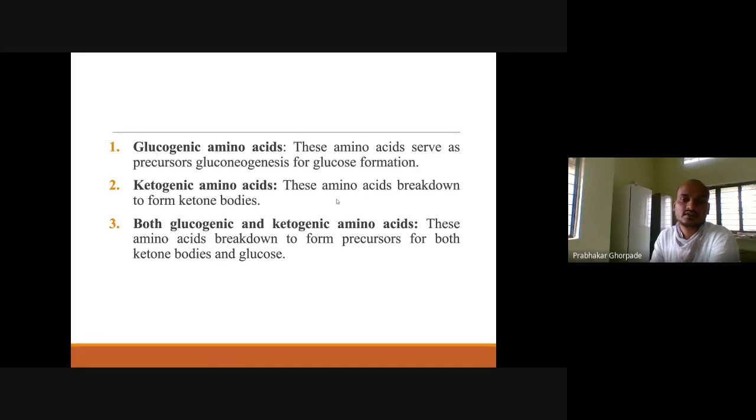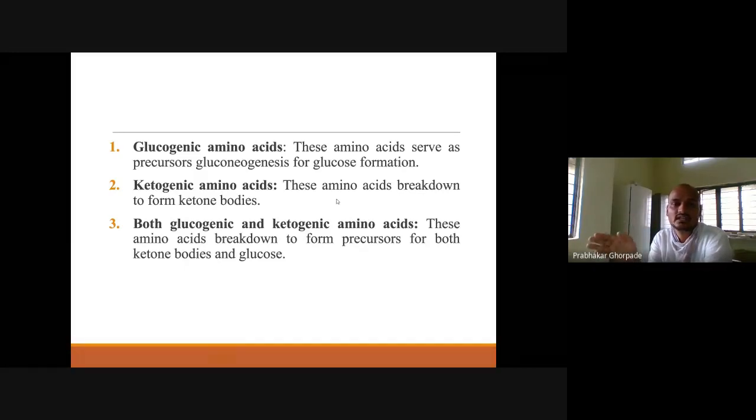Ketogenic amino acids break down to form ketone bodies, right? So we have acetoacetate and beta hydroxybutyrate. These are the ketone bodies. Whenever we don't eat for a long time, like in starvation, the body needs some energy, and this energy is taken in the form of ketone bodies produced from ketogenic amino acids. If an animal is starving for a long time, its protein will break down and form ketone bodies, right?